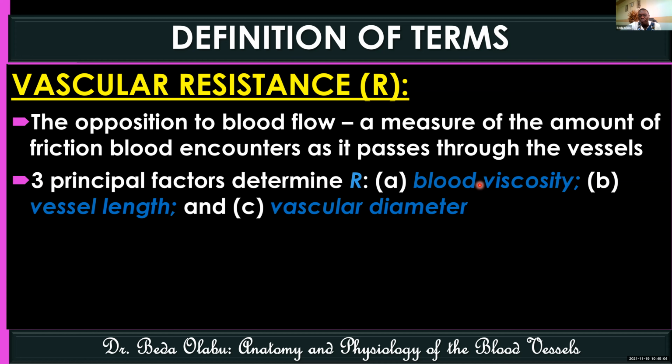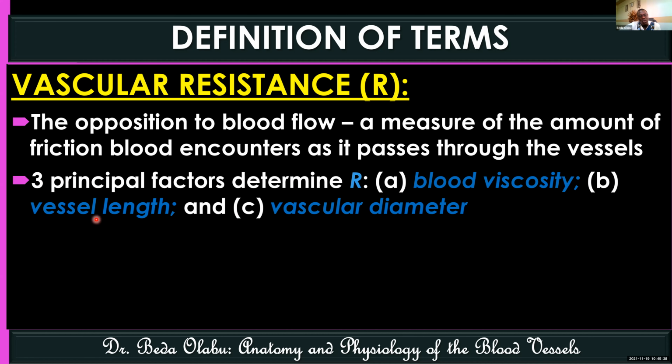Maybe polycythemia, for example. You have a high red blood cell count, so the blood is relatively thick in that case. If the blood is less viscous, it's thin, it means that the resistance is low in that case. And maybe some forms of dilution may make the blood very thin. So less resistance.